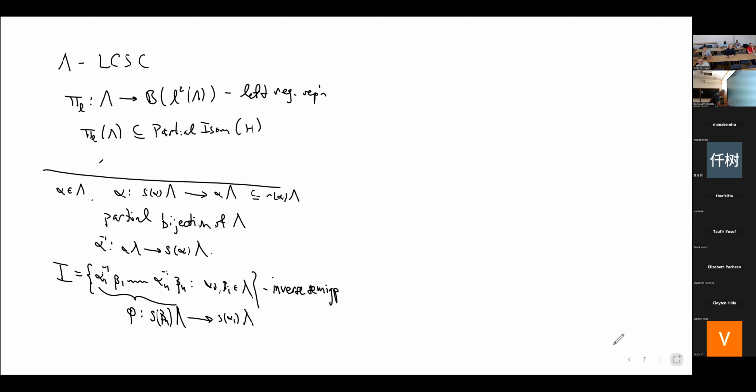And of course, the range of phi. It's just all things that can be written. That looks like this, right?